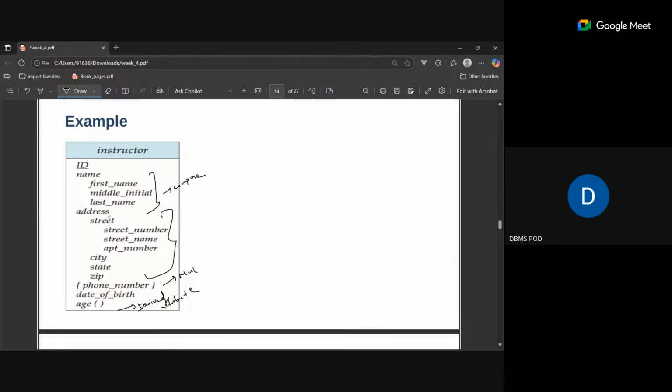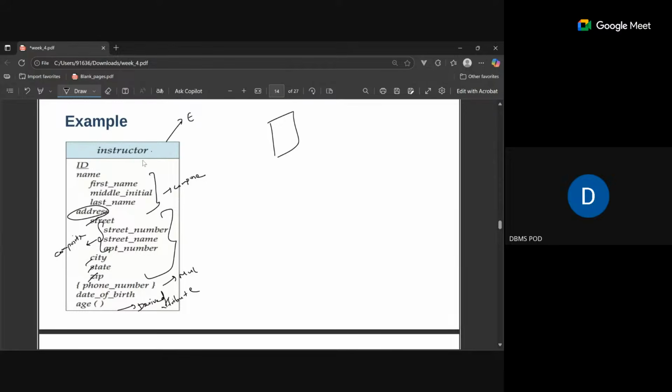You can see the address itself is a composite attribute containing street, city, state, zip, and within street you again have another composite attribute. These are the ways of representing the attributes in tabular form. If in the exam they give any entity sets like this, this is itself one of the entity sets.